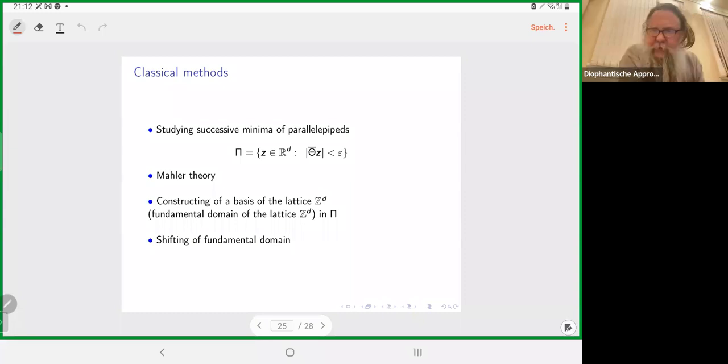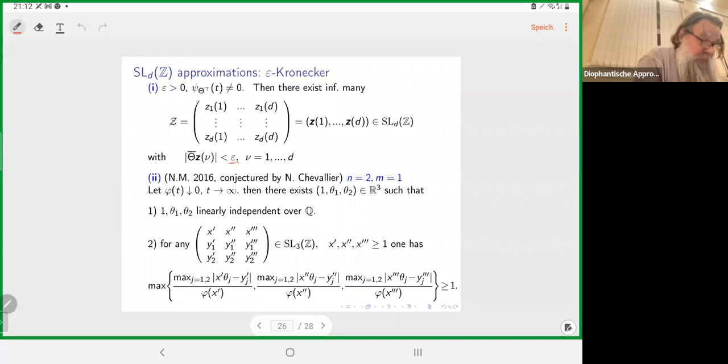To have an inhomogeneous result, I told you the homogeneous result, you should have something corresponding homogeneous. And to have an inhomogeneous Kronecker result, you need a result related to SLD approximation, to find a fundamental domain close to a linear subspace.